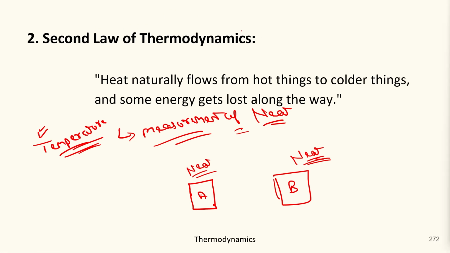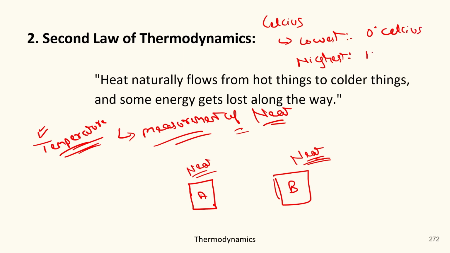So for Celsius, the lowest point is 0 degree Celsius, and the highest point is 100 degree Celsius. Got it?